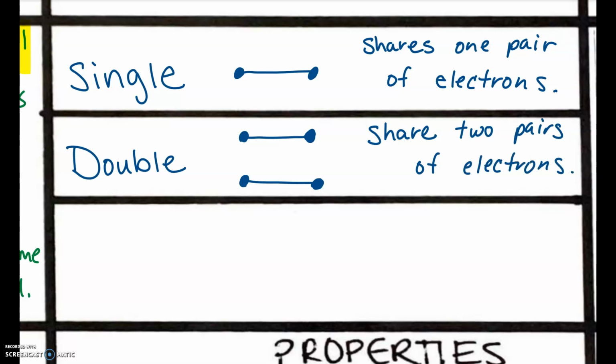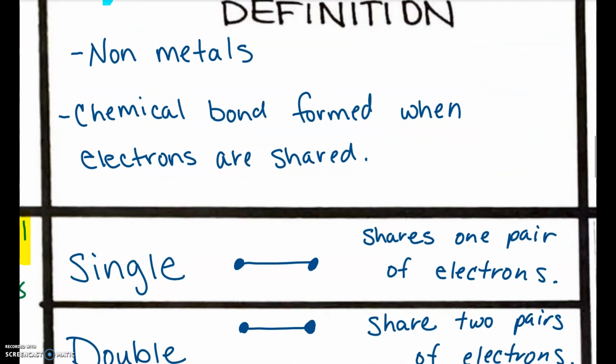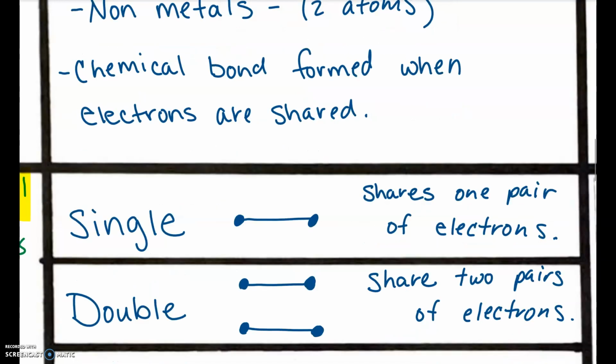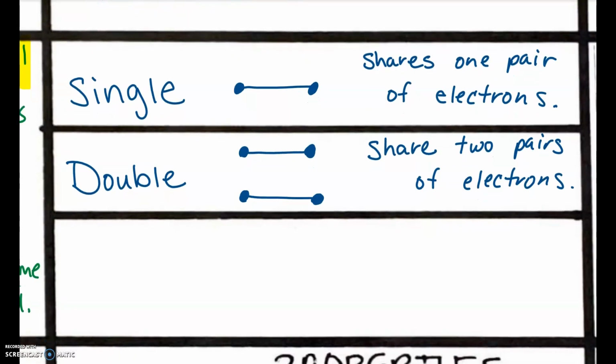Remember, a bond is created between 2 nonmetals, 2 atoms that are both nonmetals. And in this case, the 2 atoms will share 2 pairs of electrons.